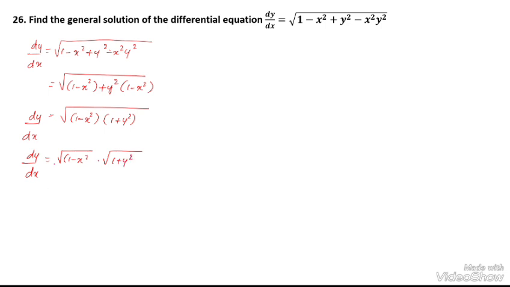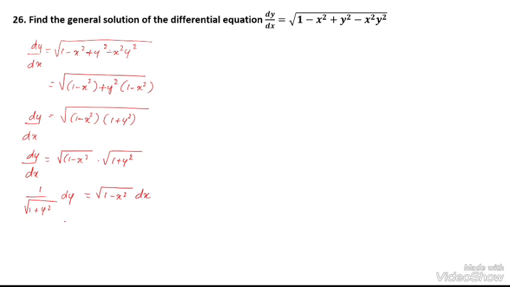Now I will separate y terms on one side, x terms on one side. Then 1 divided by root of 1 plus y square dy equals root of 1 minus x square into dx.